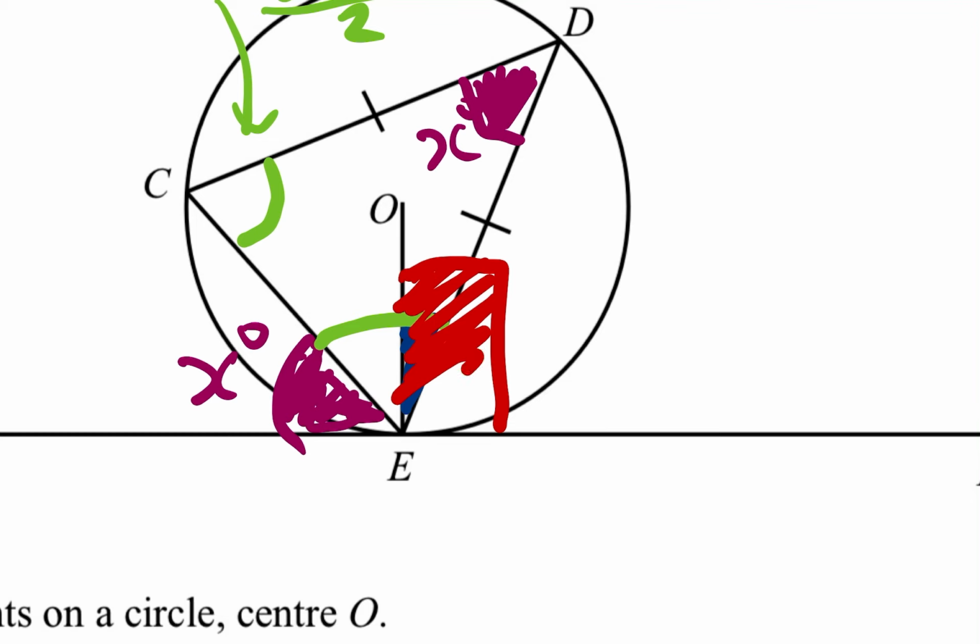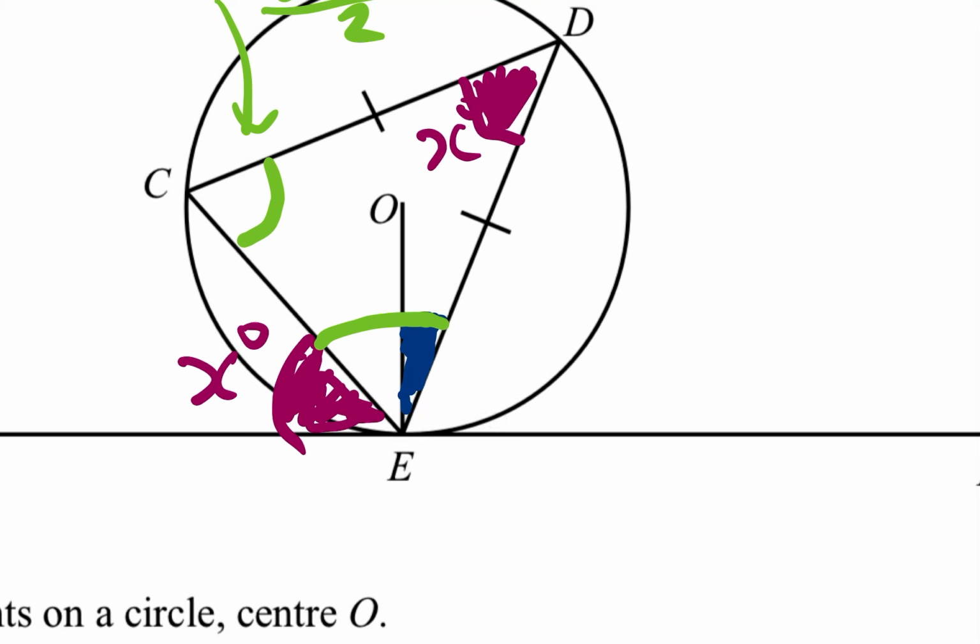So this is 90 degrees. If we could somehow work out this one, then we could do 90 degrees subtract the one in red. So how can we do that?